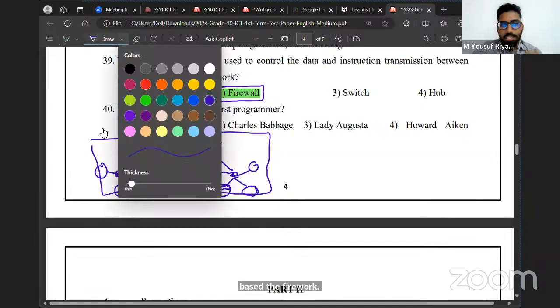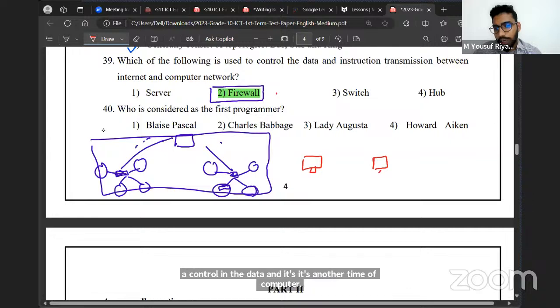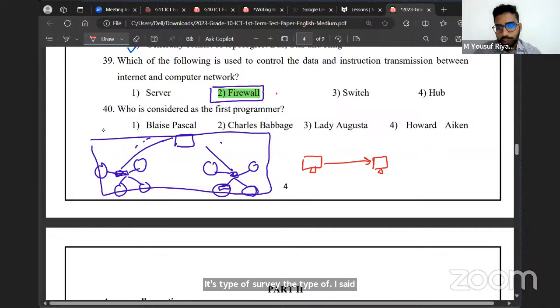A server is basically another computer. It's not controlling the data and instructions. A server is another type of computer. I said client-server, right? It's just two computers connected with each other: this is a server computer, and that is a client computer. So a server doesn't control the data and instructions.